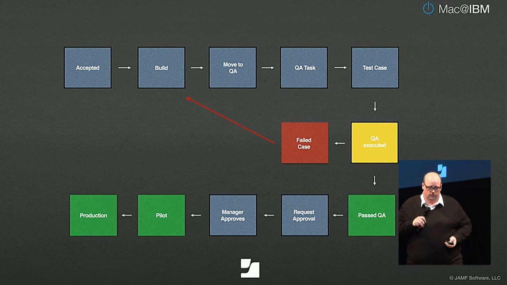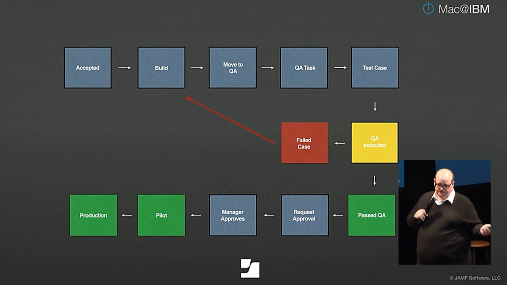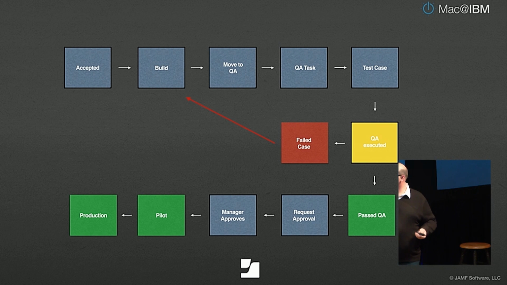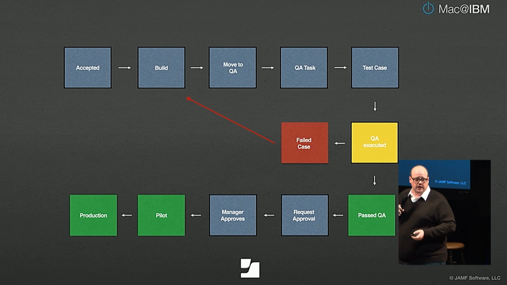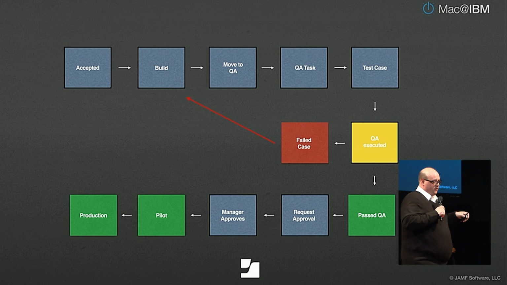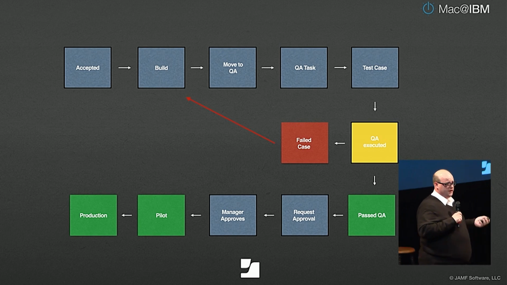Here's an example of what everything goes through. When we accept work and it's assigned to a development engineer, they build, and when they're ready to have it broken, to test it, they'll assign a QA task to me. At that time, I'll build the test case with the development engineer. We work together to do that.